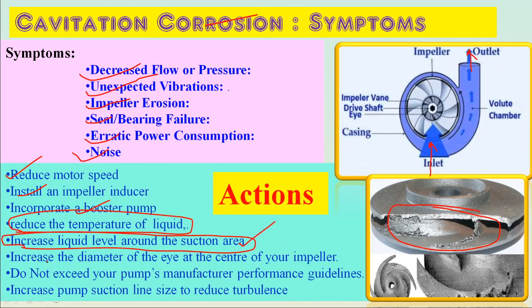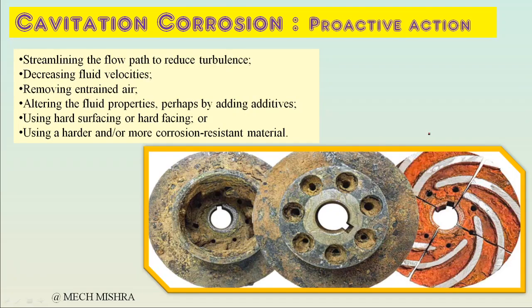Increase the diameter of the eye at the center of your impeller. Do not exceed your pump manufacturer's performance guidelines, meaning the performance curve. Increase the pump suction line size to reduce the turbulence. This also will help.